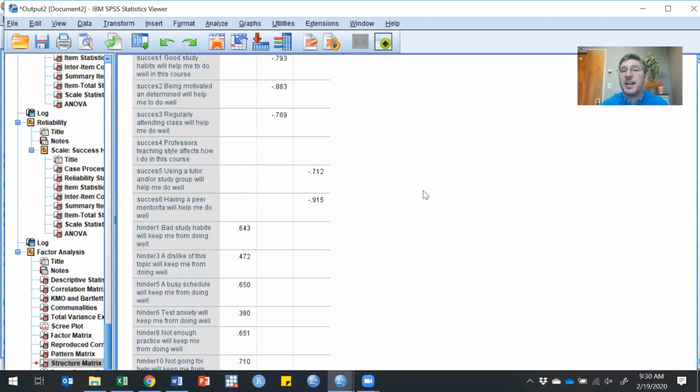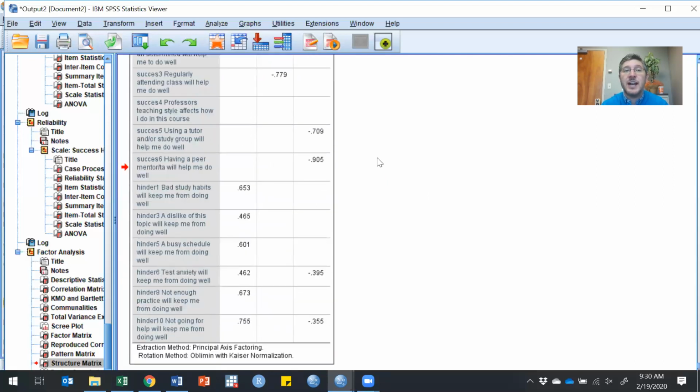Here we might use a congruence between both of these. It looks like success 4, "professor's teaching style affects how well I do in this course," may be the item that had the low reliability before, causing that scale to have low reliability. It doesn't even have a factor loading greater than 0.32 on any of the factors.